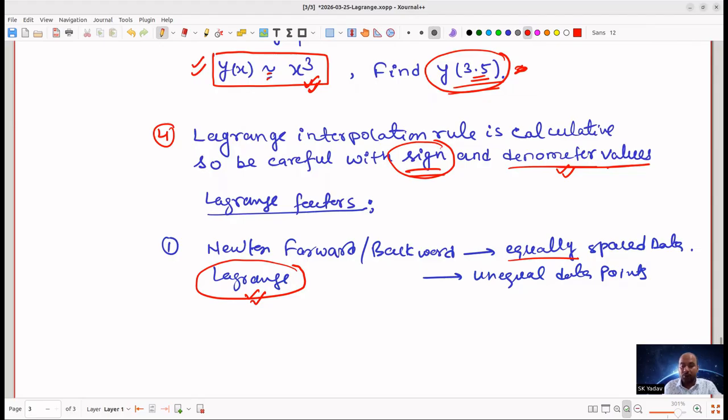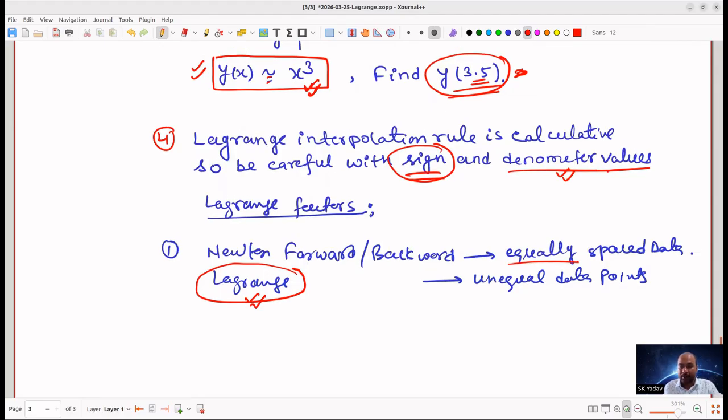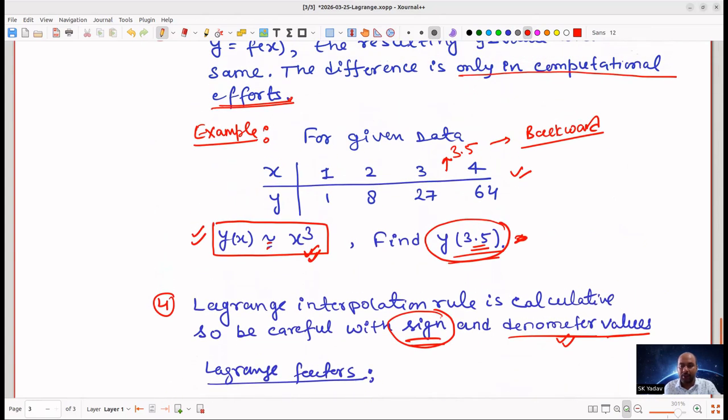But the problem is when the data is large in size or in numbers. Suppose in this example I am taking x values in unit digits. If these values are given in thousands and y values are given in thousands, it will be difficult to compute Lagrange cofactors.